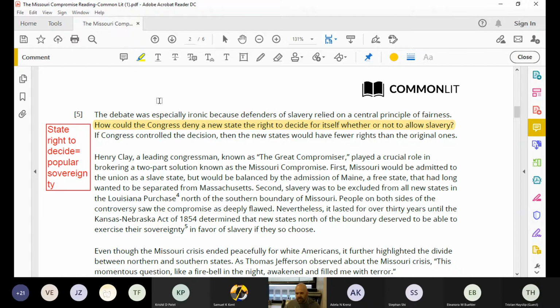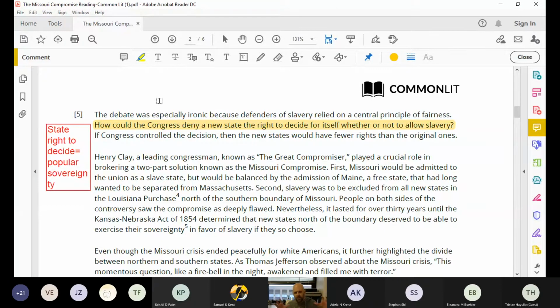And slave owners in the South feel that slavery is their moral right because they look at slavery as property and they equate that to the federal government and the Constitution having to protect their rights. That's what it comes down to. That is the quintessential argument that leads to the Civil War.